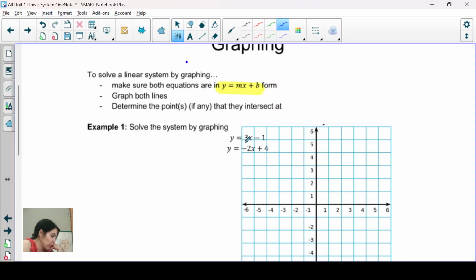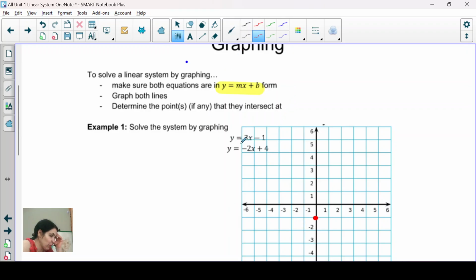we have two equations. The first is y equals 3x minus 1. This is already in y-intercept form. So, first thing you plot the y-intercept. The y-intercept is negative 1, this one.